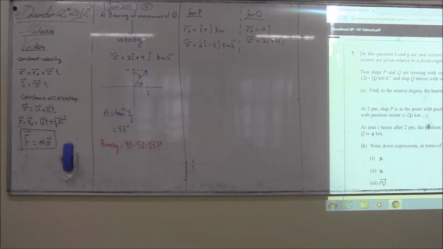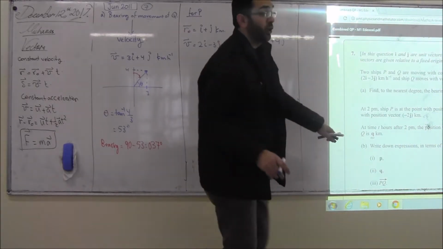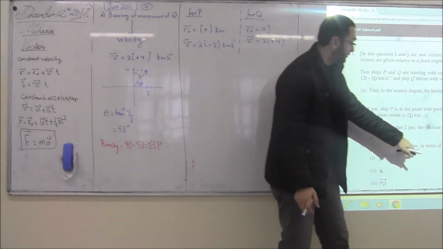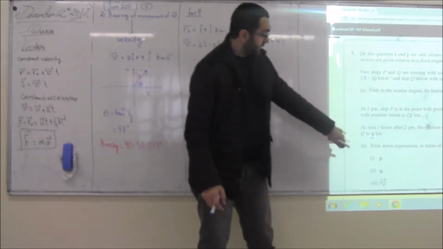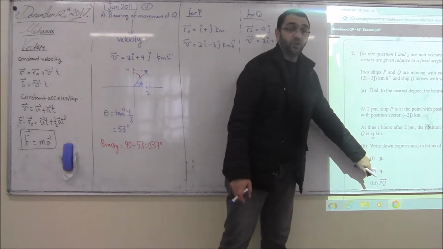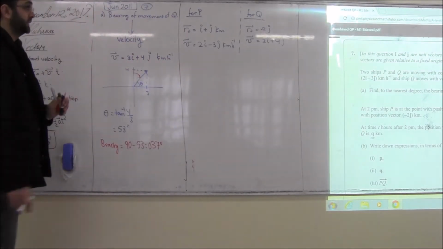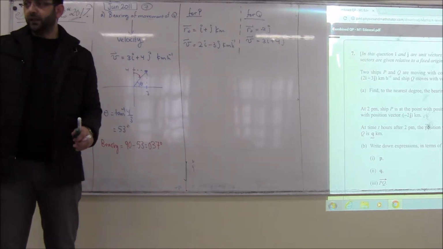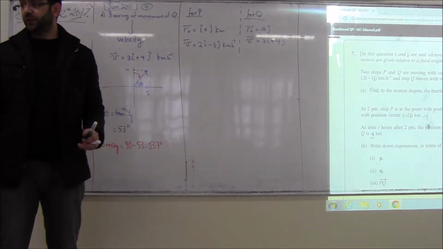The final position after t hours. And Q is the final position of Q. Regularly we have a question like this: write down expressions in terms of t for the final position of P and the final position of Q. Clear?